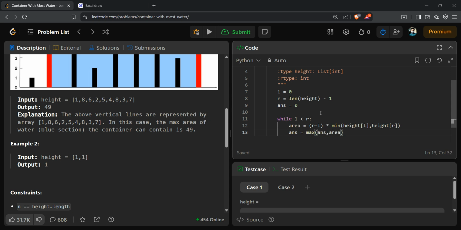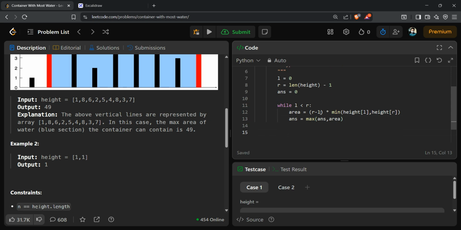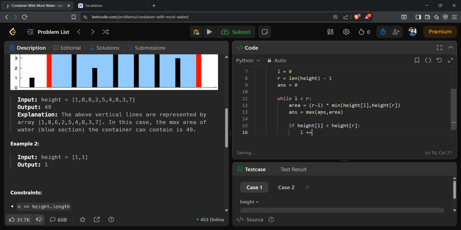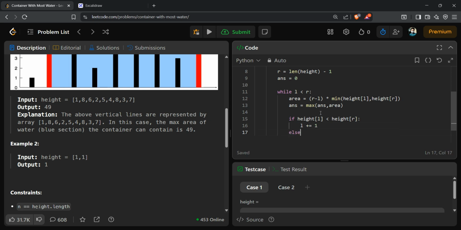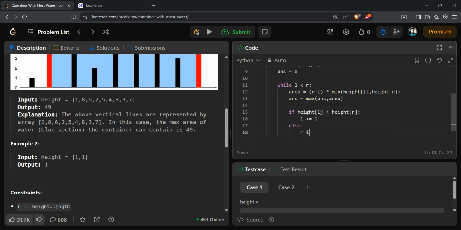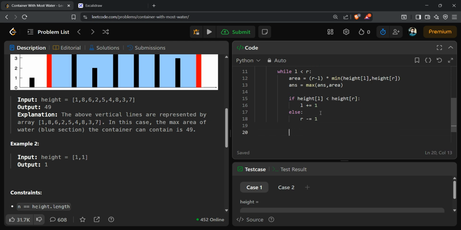Now if height of L is less than height of R, we move left to the front, else we move right towards the left, and after the loop we return our answer.